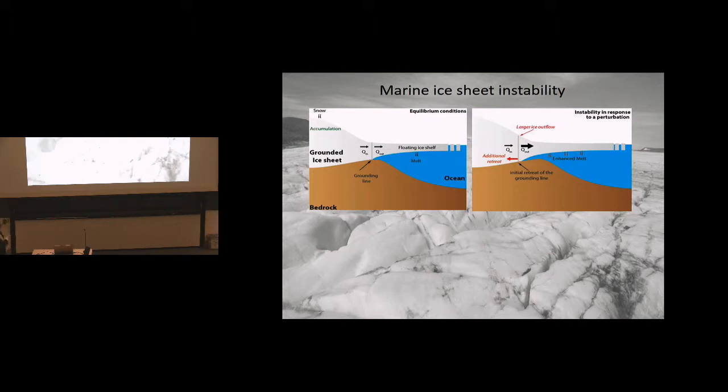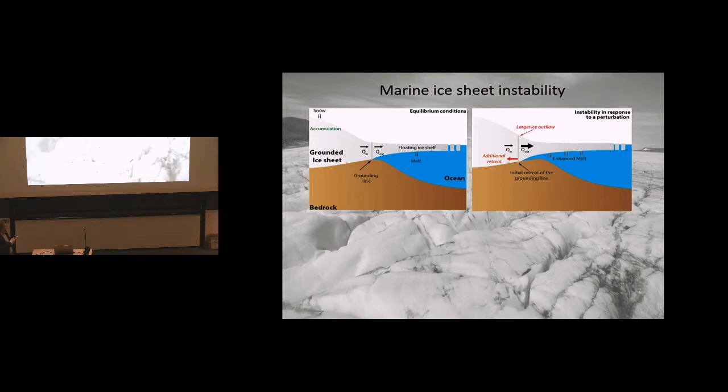If we imagine an ice sheet like this that terminates in an ice shelf, true of certainly large portions of West Antarctica, for example, and then we warm up the ocean, as we are doing, of course, right now, and start melting the undersides of the ice shelf, the grounding line retreats back.